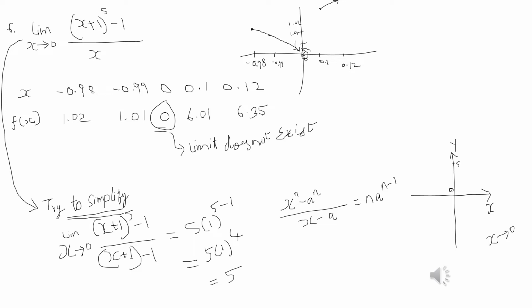I'm adding and subtracting 1 in the numerator and the denominator. When I did it, I found that the given expression matches the formula I mentioned earlier. Substituting the corresponding n and a values, we found the answer would be 5.